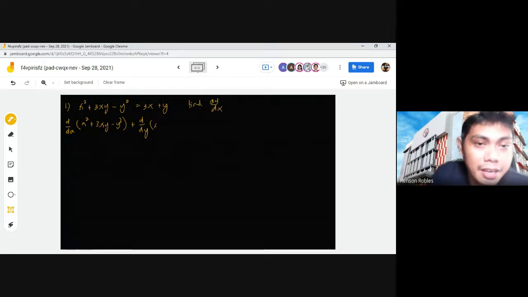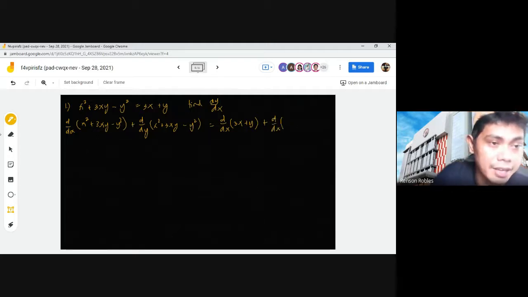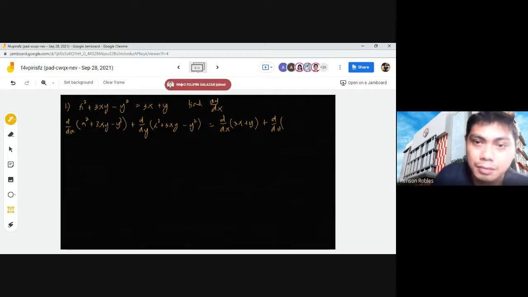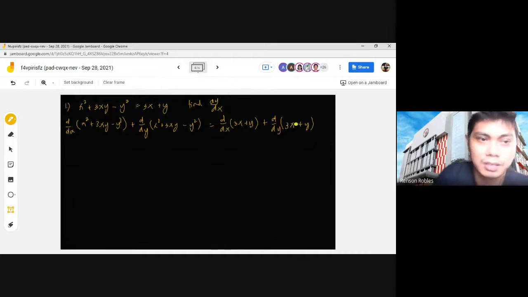You have x squared plus 3xy minus y squared equals, you do the same on the right, in terms of x, 3x plus y, plus, in terms of y, 3x plus y. Then you execute the derivative.